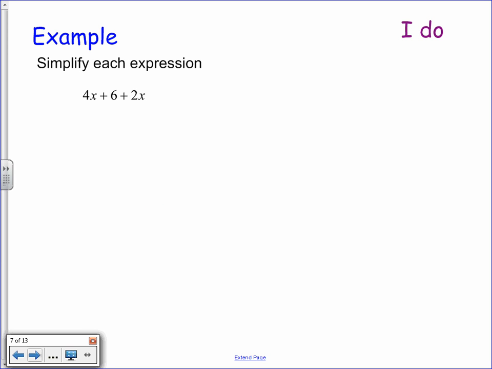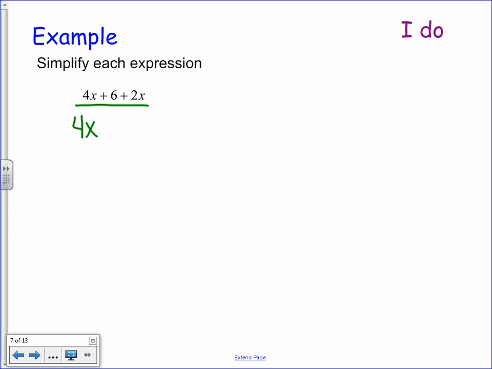Okay, so now we're going into simplifying the expression. When we're simplifying the expression, remember we've got to get all of our like terms combined, no parentheses, nothing like that. So what I like to do is rewrite the problem so that my like terms are near each other.